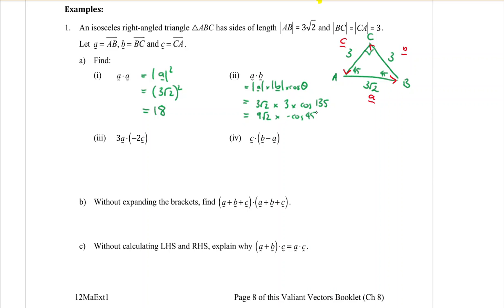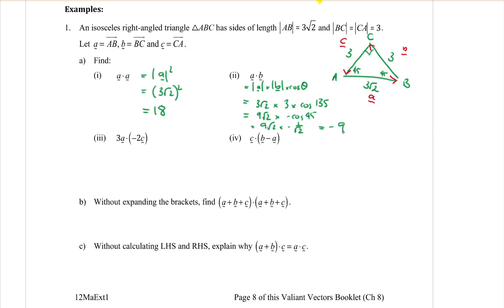Cos of 45 is 1 over root 2, correct? So it's 9 root 2 times negative 1 over root 2. That's where the root 2's cancel out, and we're simply left with -9. But just know I could have typed it in from the second line there, because it comes out as such a nice number.